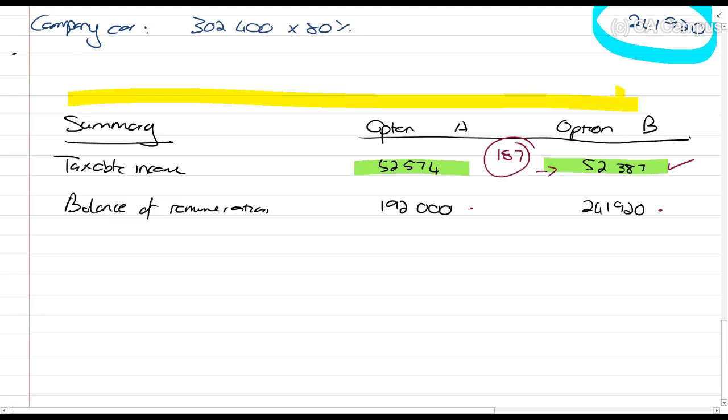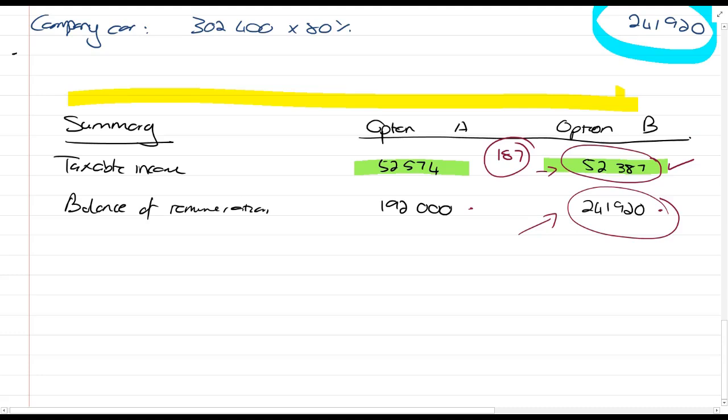But what's important for you to understand here is, remember, balance of remuneration calculates the monthly employees tax. So this means that overall at the end of the year, when Prudence does a calculation, she'll be better off using option B. But during the year, she'll have less money in her pocket on a monthly basis, because they'll withhold more tax monthly when she calculates pay as you earn.